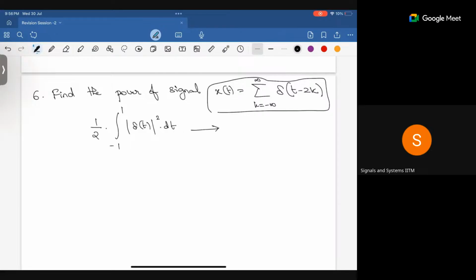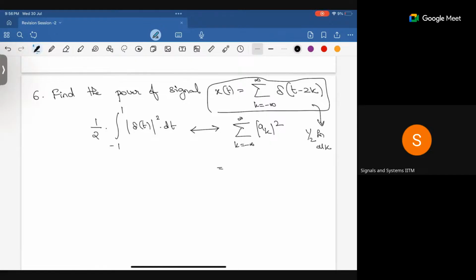But we can use this Parseval's theorem. And we know that this is actually equal to summation k equals minus infinity to plus infinity of ak's whole square. And we know this signal's Fourier series coefficients, just now we have computed, it will be half for all k.